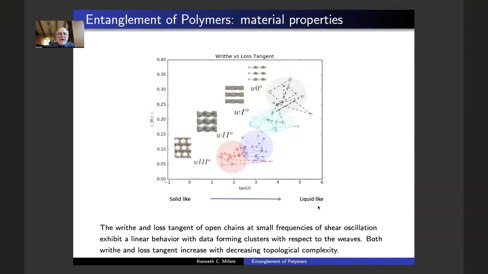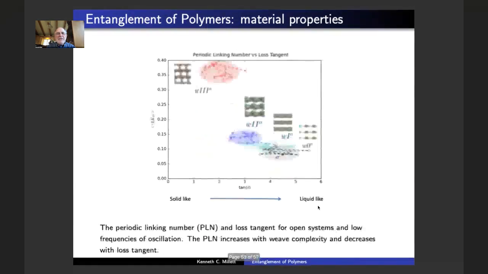With at the lower left, this is the woven one. The W3 is the one that's woven. And then as we move sort of up to the upper right, we have more and more freedom, more and more, how to say it, more and more behaving like it's kind of a liquid versus a solid. And here's another one. This is with the linking, now measured by the linking.